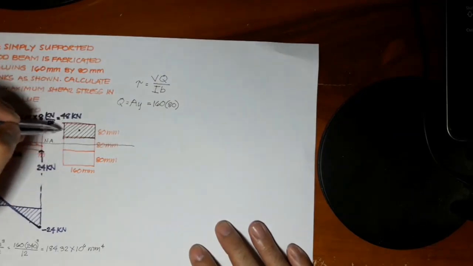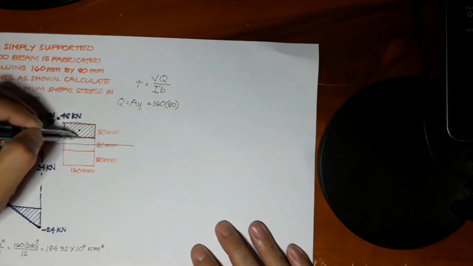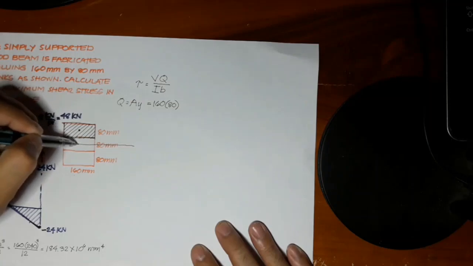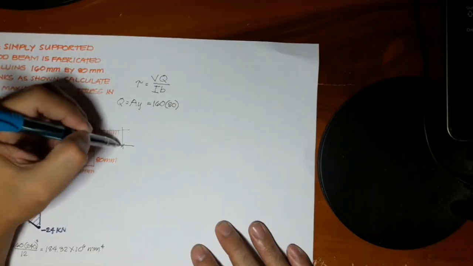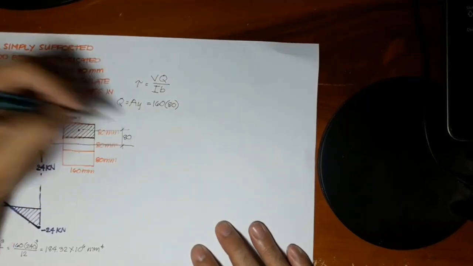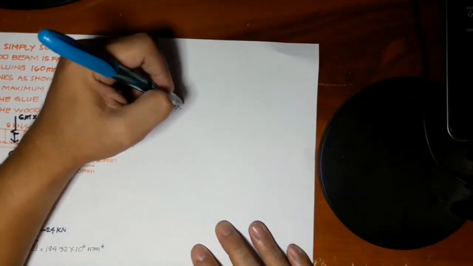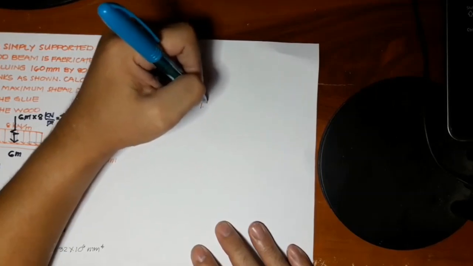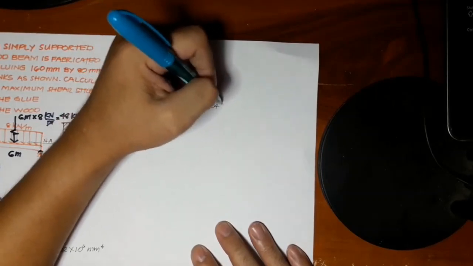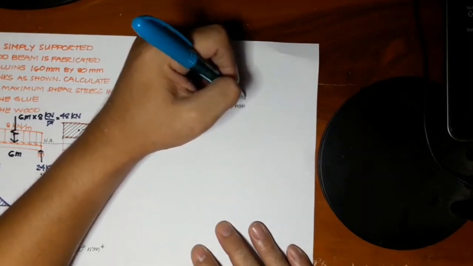Since this is 80, 40 above, 40 below. Here we have 40 also because this is 80. So the total distance is 80, and that will be the value of your Y. So multiplied by 80, and the answer is 1.024 times 10 to the 6th power mm cube.